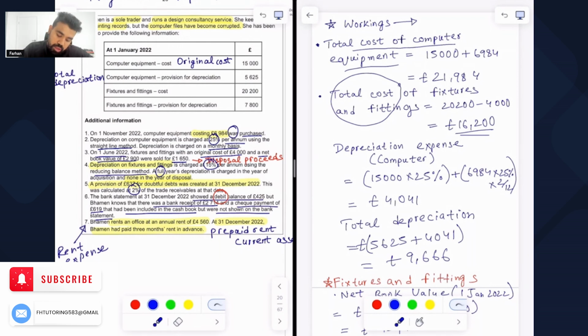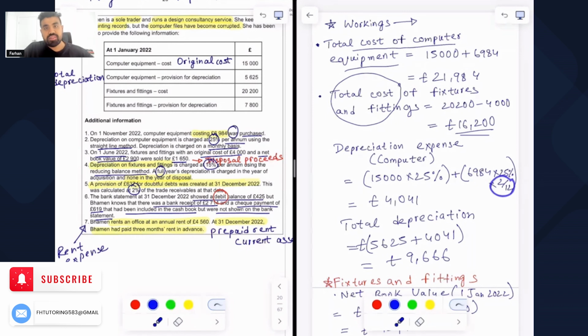So for computers, at 1 Jan 2022, we know that we had £15,000 worth of assets in the books, and we simply apply the percentage, which is 25%, on that 15,000. But during the year, on 1 November 2022, we purchased more computers worth £6,984, and we are depreciating that computer by multiplying by 25%. But at the same time, we are multiplying it by 2 over 12.